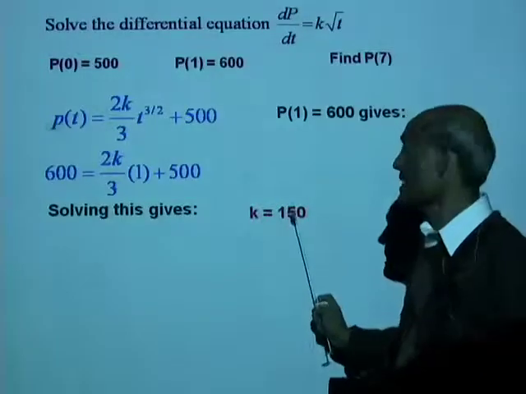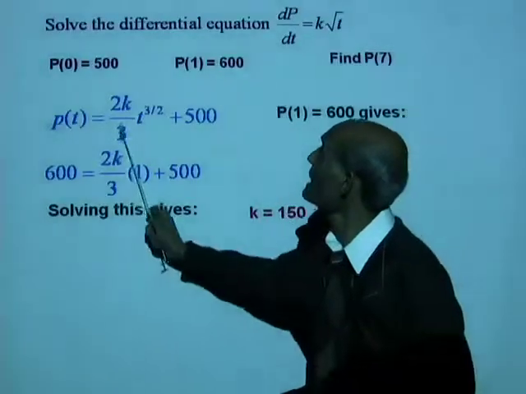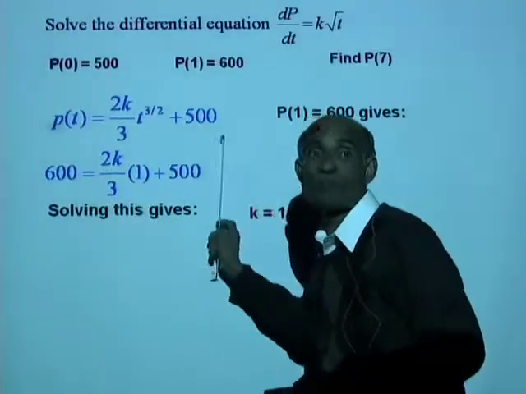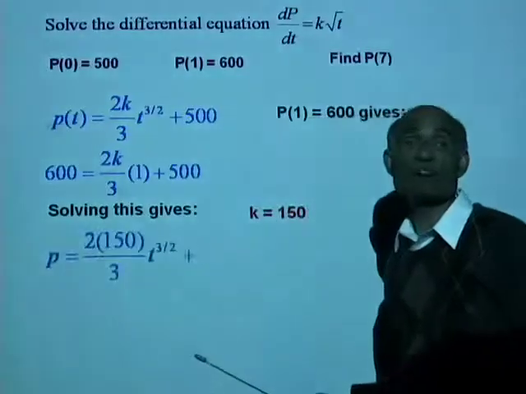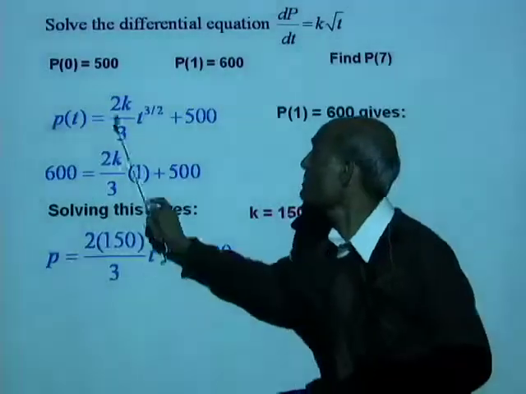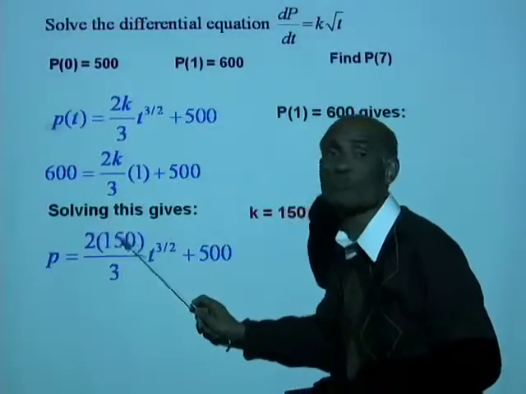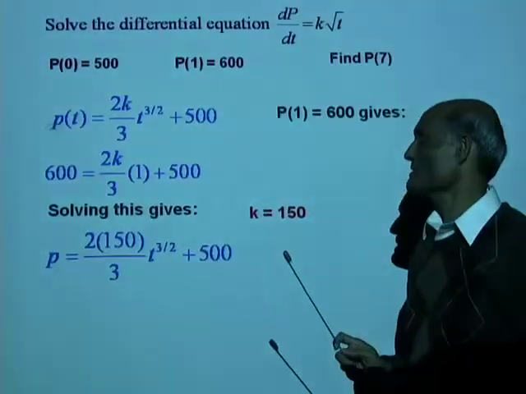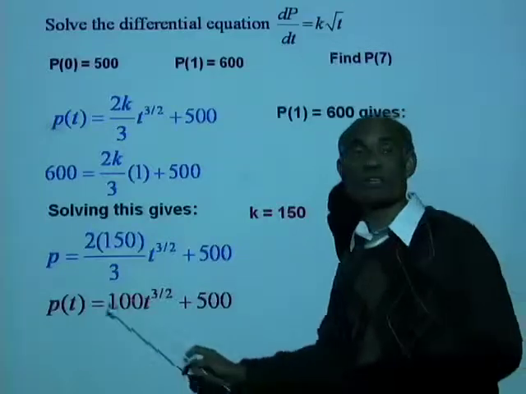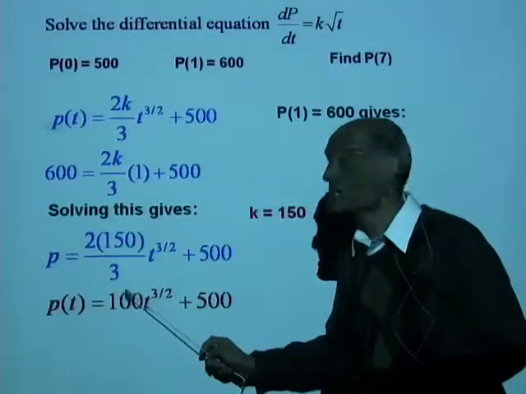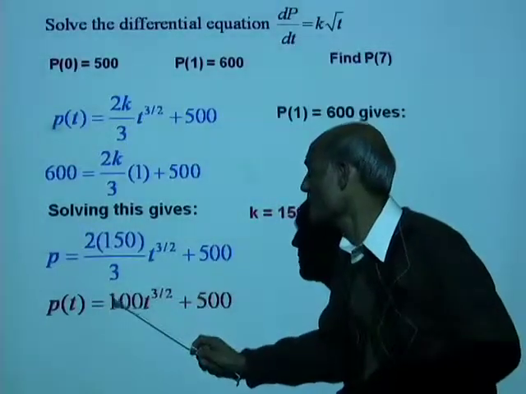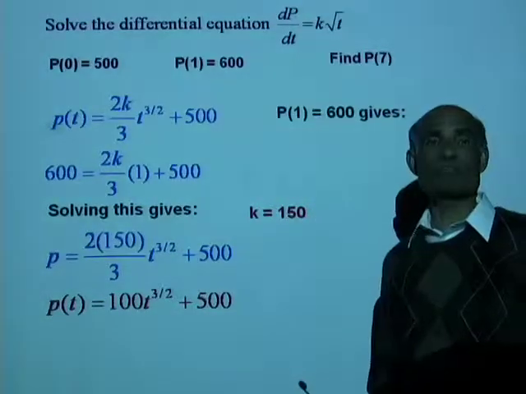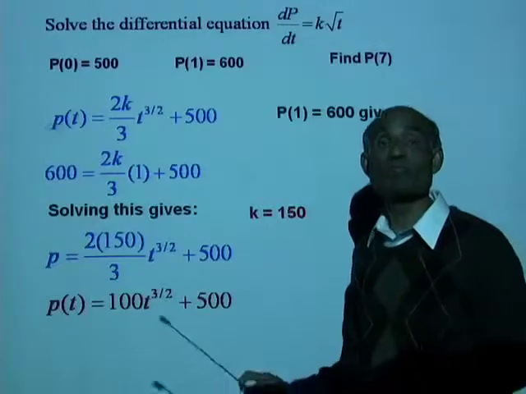That means we can now take the value of k into the function for p, and that will be the proper p function. That will give me p equal to 2 times 150 over 3, t to the power of 3 over 2 plus 500. That means p of t equal to 100 t to the power of 3 over 2 plus 500. Now what are we supposed to find?